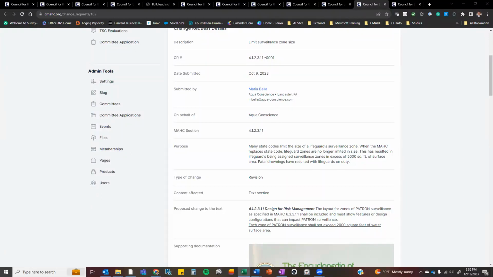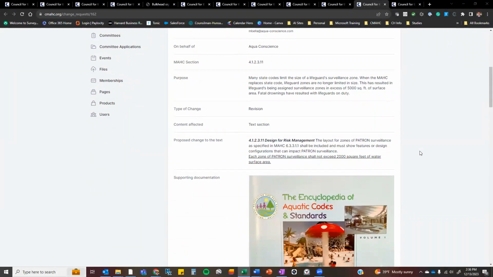Okay, so this one is looking at restricting the square footage size of a lifeguard's zone of patron surveillance. The submitter felt like most states have or have had a square footage requirement that was built into their codes.